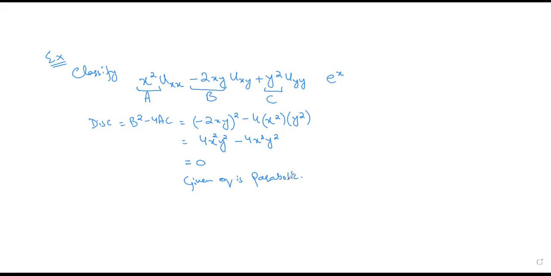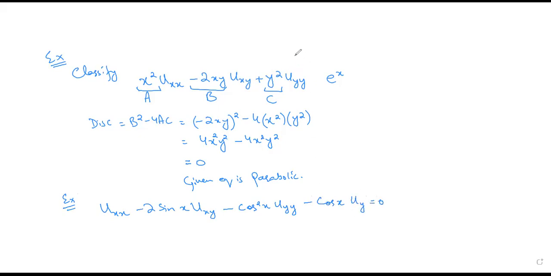Maybe for another example, let's say you have uxx minus 2 times sine x into uxy minus cos square x into uyy minus cos x into uy is equal to 0.